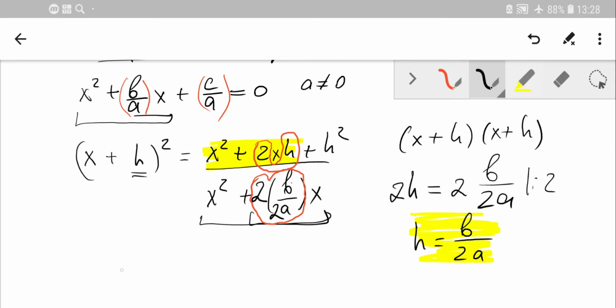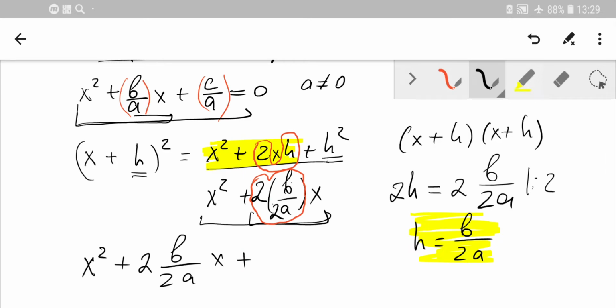So instead of this, we can simply write the following: x squared plus 2b over 2a x, and then we need, according to the formula, h squared. So we add h squared, which is b over 2a squared, and now we have a complete square here.